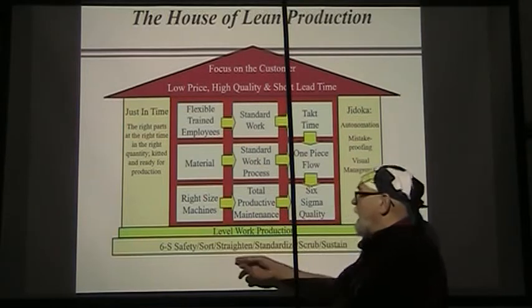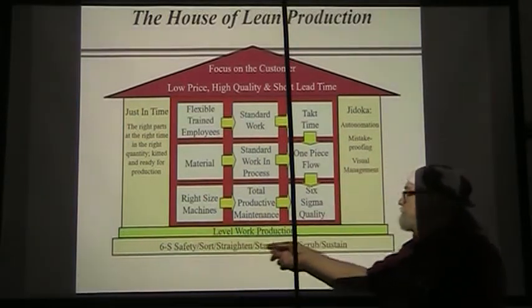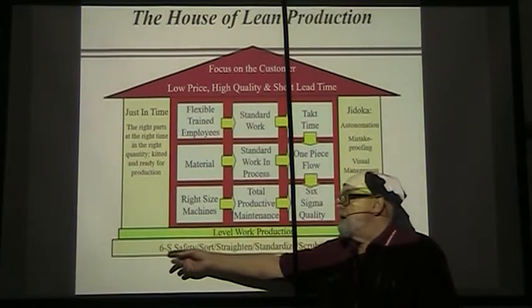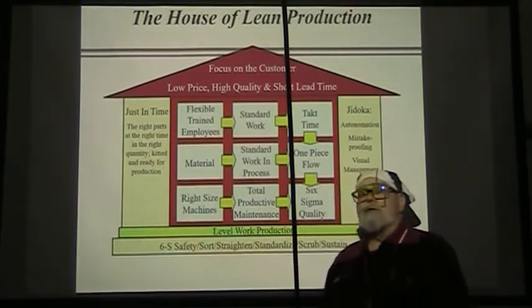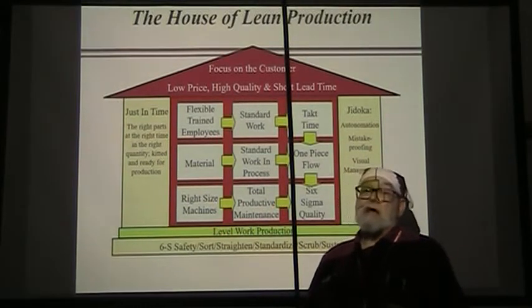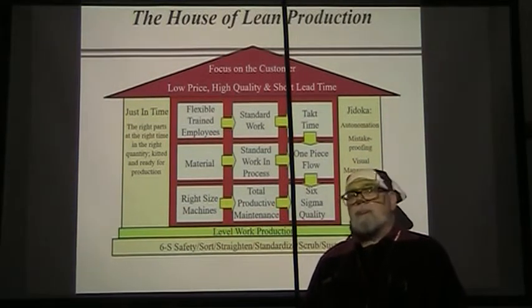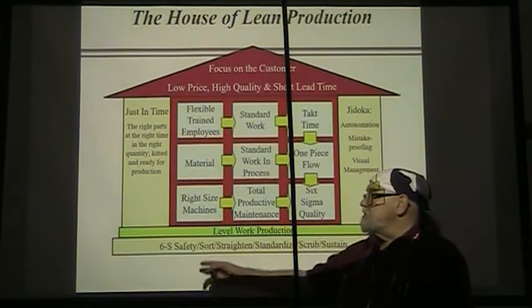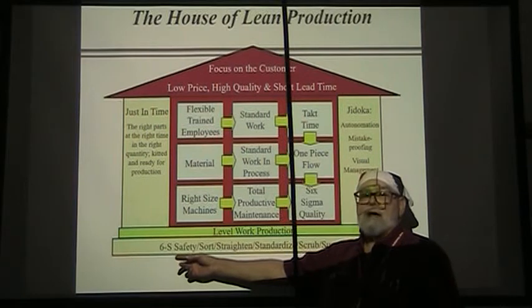So, at the very bottom, the foundation is 6S, although a lot of the time, most of the time in fact, it's actually called 5S. But here in America, we have a tendency to neglect safety.